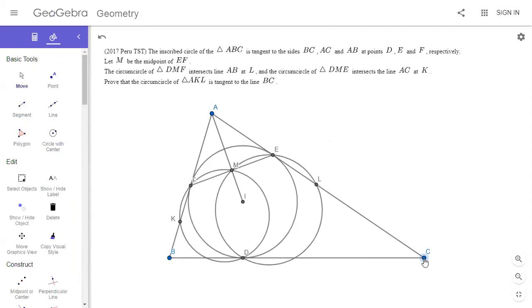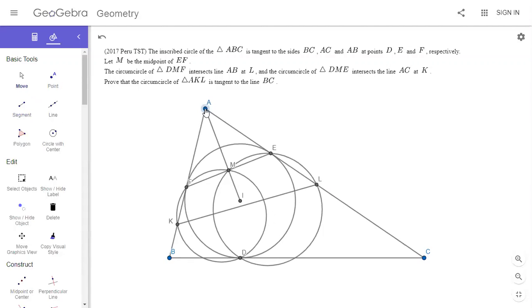So that would mean, if it was tangent, we'd have BD squared as BK times BA. Can you draw a line KL? Yeah, so here's KL. It doesn't pass through I. Is BKLC cyclic?